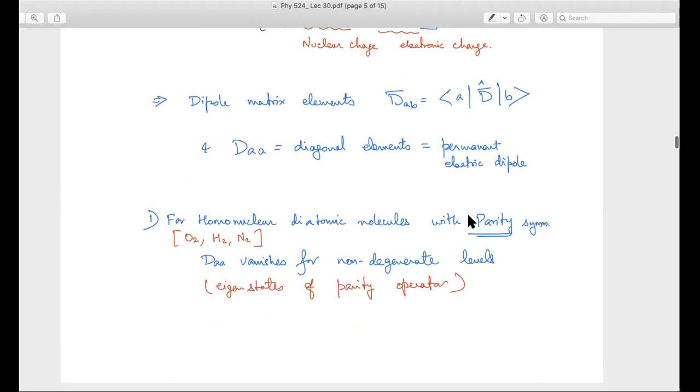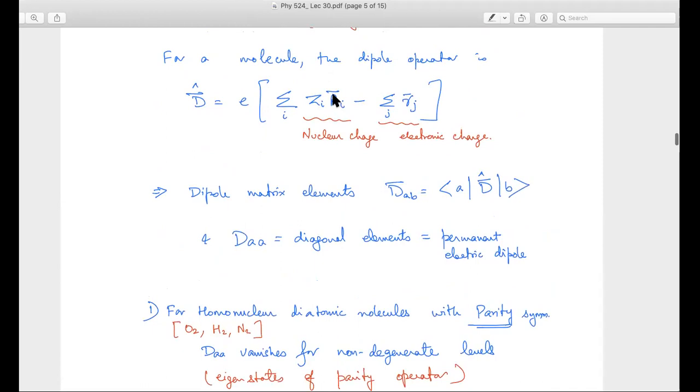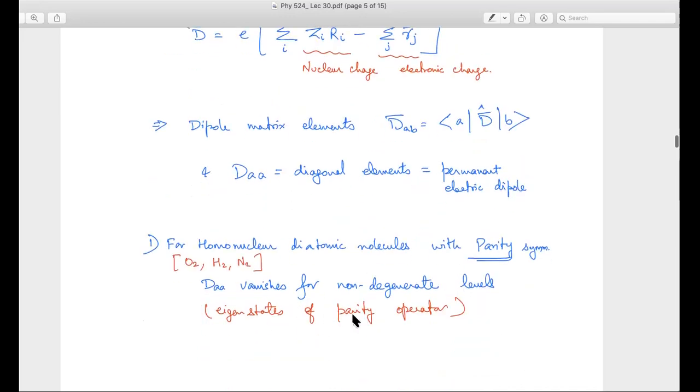If the parity operator is finite, then you can show that d_AA will vanish for non-degenerate levels, because the expectation values of capital R and small r have opposite signs for plus R and minus R. You can show that explicitly, and then d_AA will vanish for non-degenerate levels. All the non-degenerate levels will be eigenstates of the parity operator, while degenerate states can break the parity.